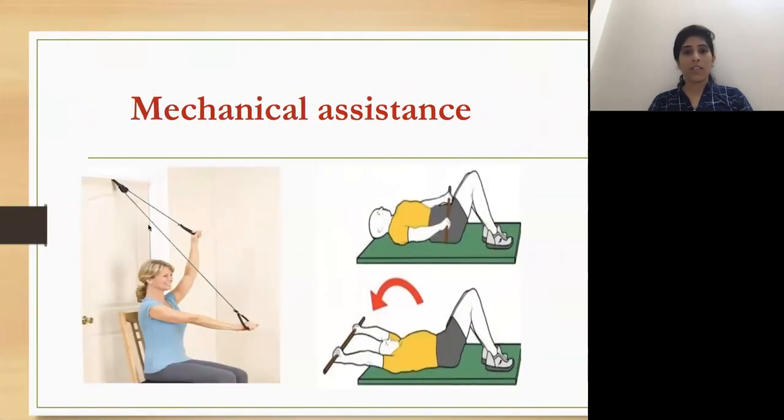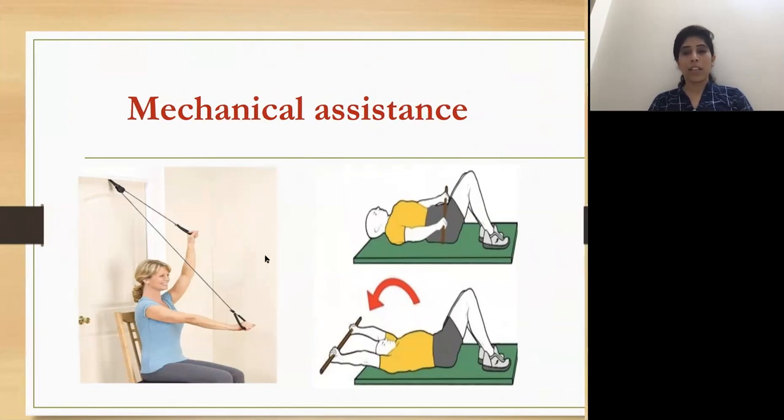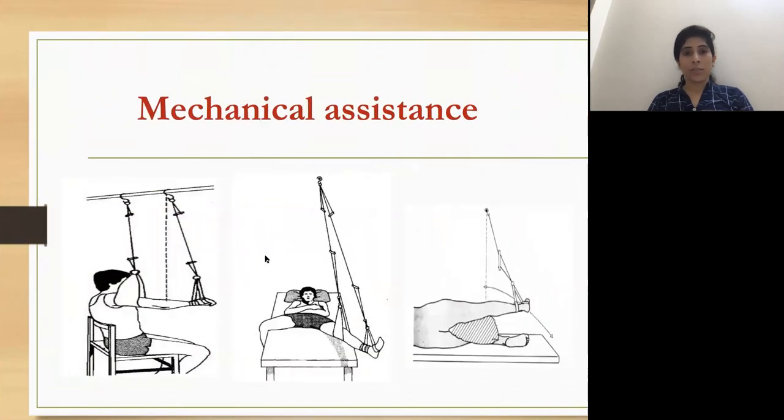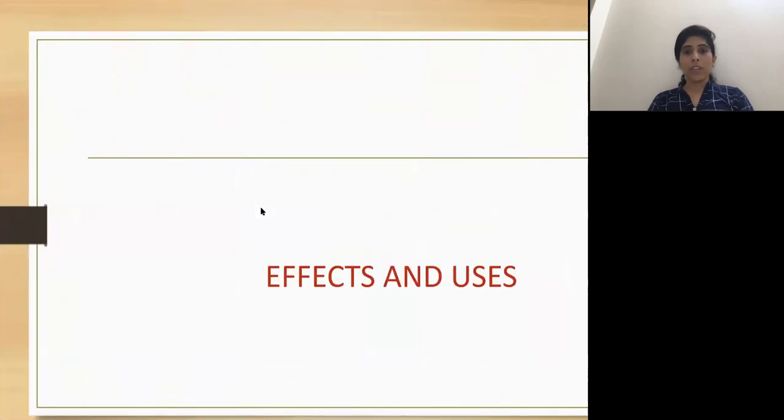Mechanical assistance: here the pulley is used by the patient to assist for the shoulder range of motion. Here the stick is used by the patient to complete the motion. The suspension therapy also helps for the improvement of the range of motion as well as the strength of the muscle. Then what are the effects and uses?